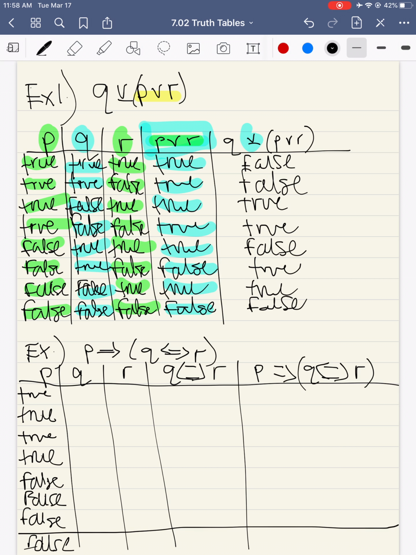And then for Q, a quarter are true, a quarter are false, and keep going. And then for the last column, you just alternate.